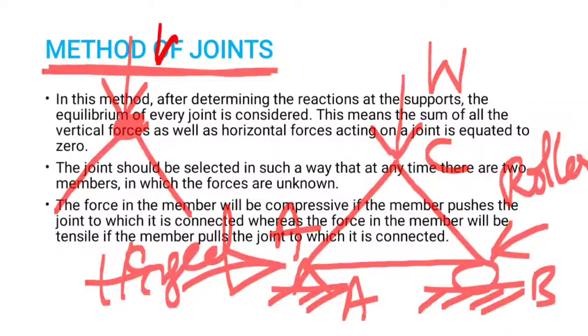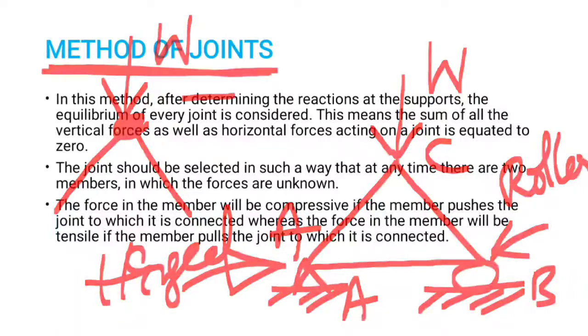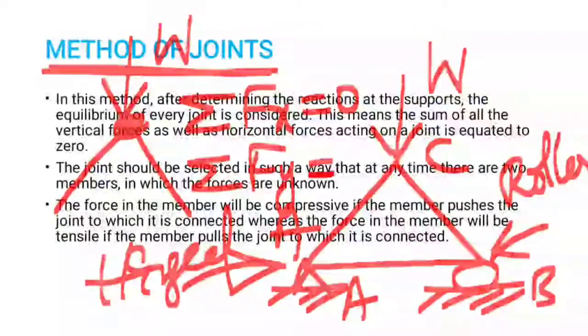This is W. For every joint like this, if a complex truss is also given, in that case also, for every joint we consider the equilibrium equations. That means sigma Fx equals 0 and sigma Fy equals 0.